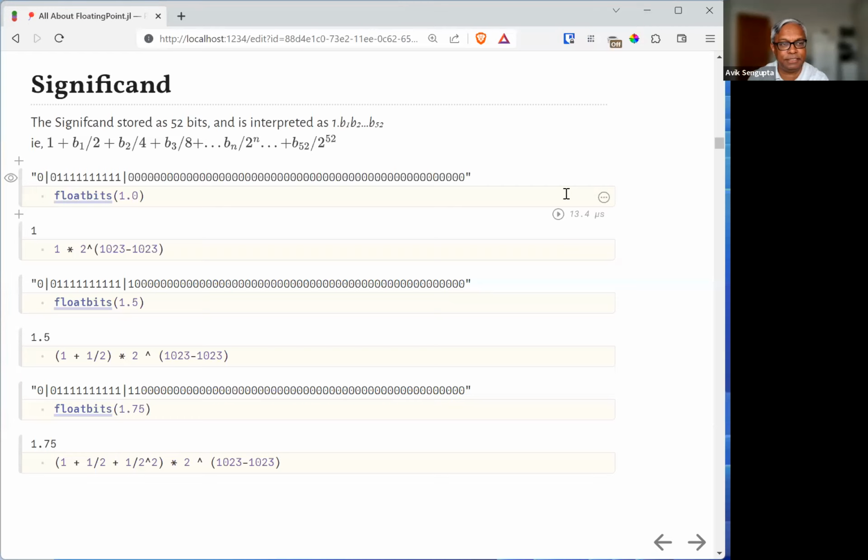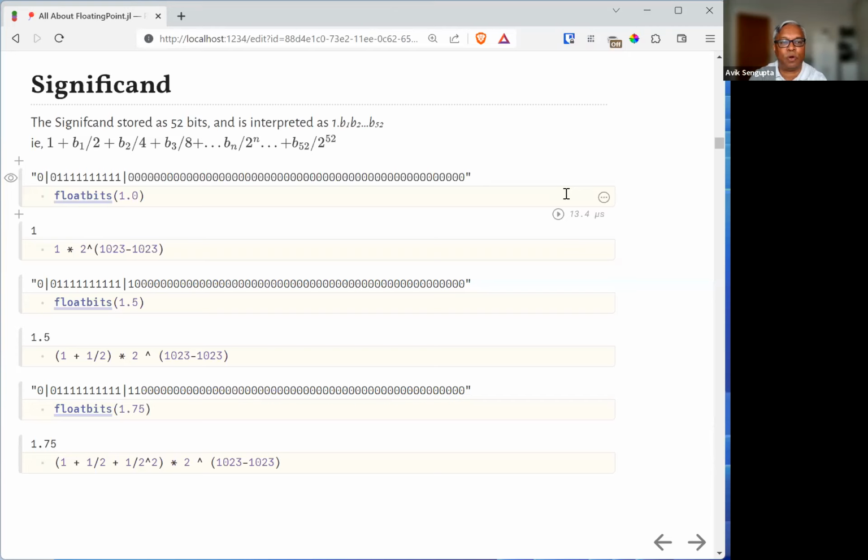The significand, which in this case is all zeros, is basically interpreted as 1 point and then each of the bits. Now the point here is not a decimal point, it's a power of 2 point.